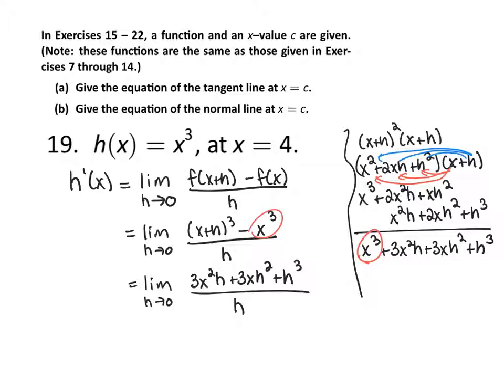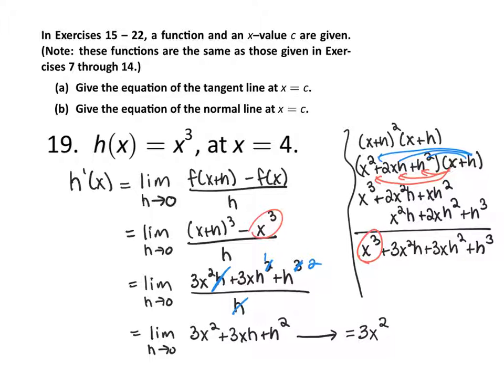But if I recognize that every single factor has an h, I can go ahead and cancel an h from everything, which would essentially reduce these factors by 1. And now I have limit as h goes to 0 of 3x squared plus 3xh plus h squared. And if I directly substitute 0 for h, I just get 3x squared.